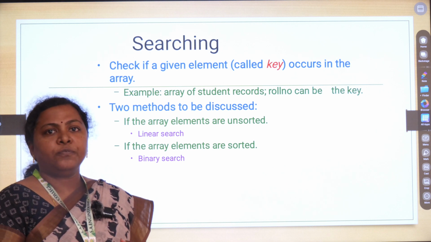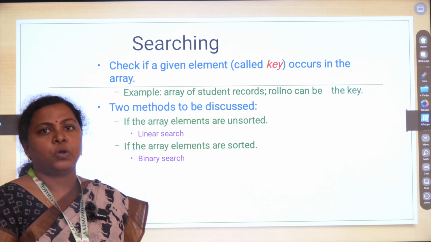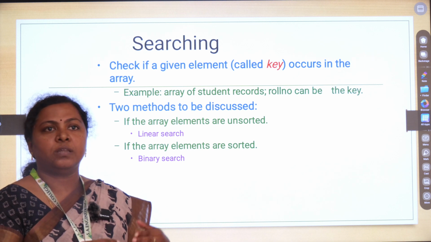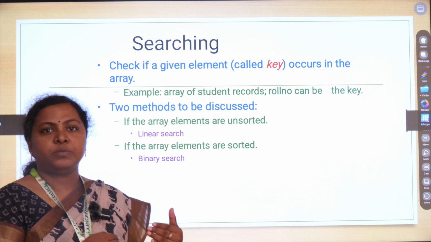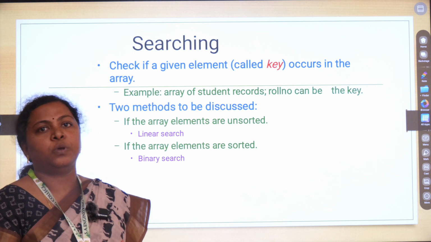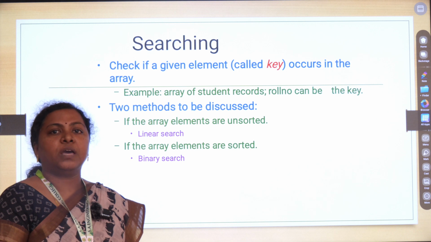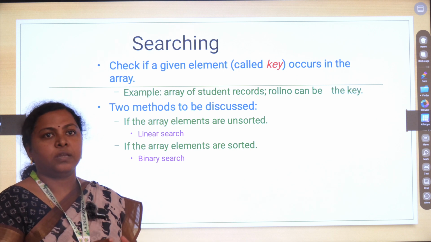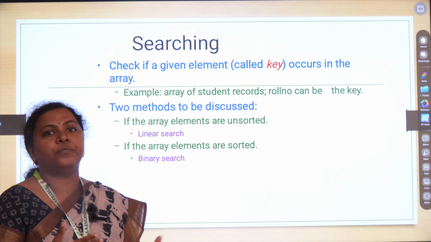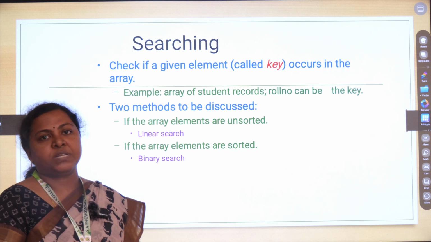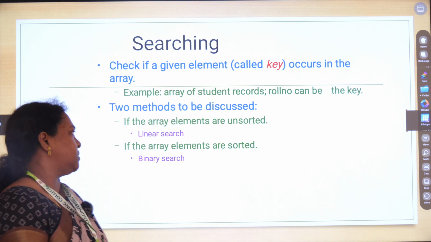If the array elements are sorted, arranged in an order from lowest to highest, we go in for the binary search. And if the array is not sorted and we have a lot of shuffled elements, we go in for the linear search.